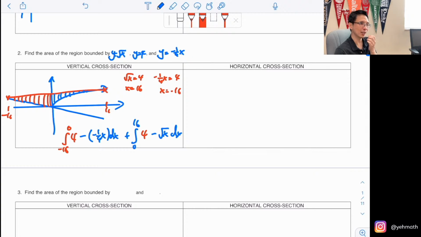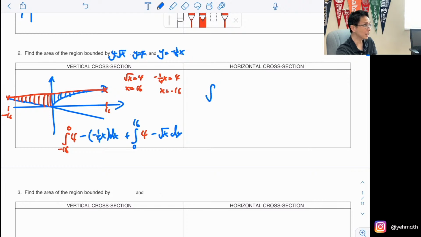For me, I think this is harder. I'm going to show you how to do it horizontally. If I do it horizontally, I'm going to do this case. Do you see that horizontal slice? There's only 1 integral. If you tilt your head to the right, you see there's only 1 integral involved.